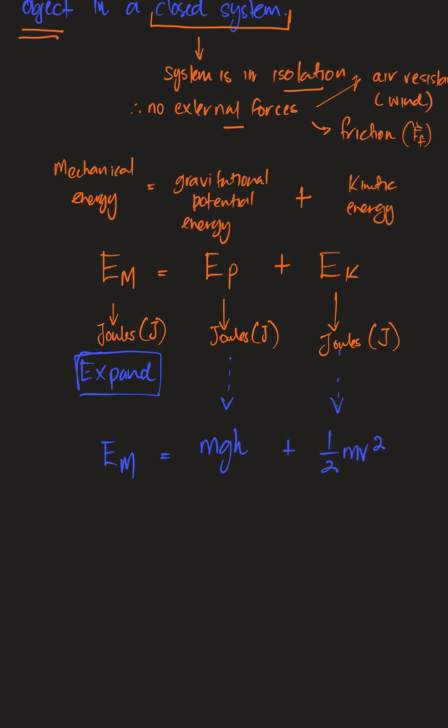All I'm doing is expanding from here to here, because the formula for EK is half mv squared and the formula for EP is mgh. So in terms of adding in my information, I can put my information into this kind of formula. The main formula where you get marks is either this formula or this formula here.